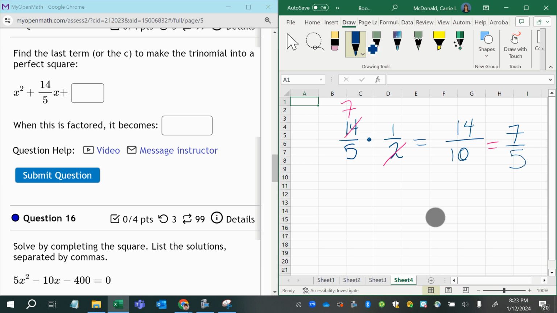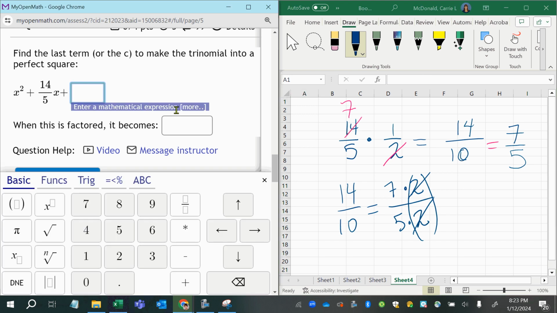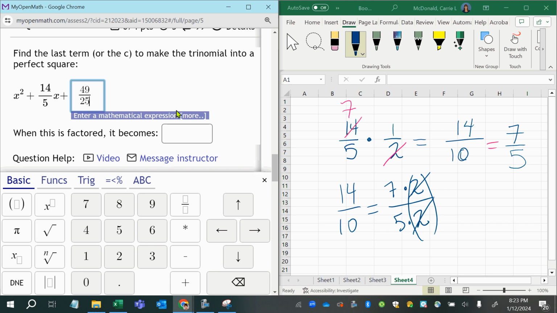Or you could realize that 14 and 10 have a common factor, because you can write 14 as 7 times 2, and you can write 10 as 5 times 2, and then these cancel to 1, right? So what we want to add here is 7/5 squared, which would be 49/25.